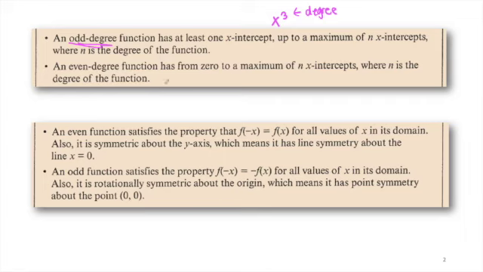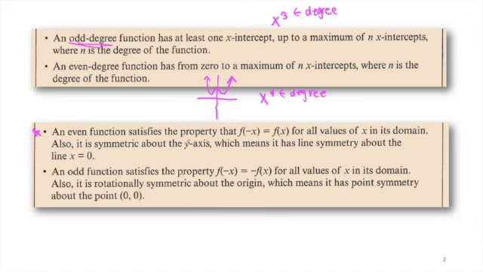An even degree has 0, because remember, you have both your end behaviors the same, which means that you could have it not touch your x-axis, okay? Or you could be pointing down as well, to a maximum of n x-intercepts. So if there's the 4, that would be your degree as well, up to 4 x-intercepts.